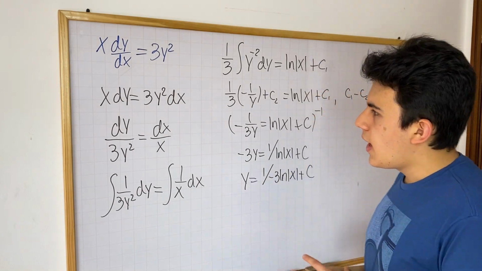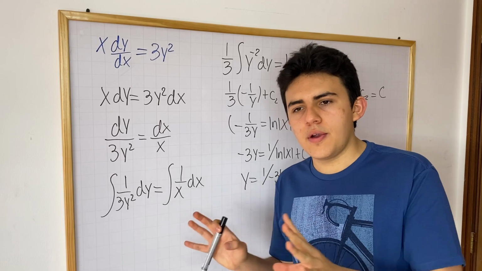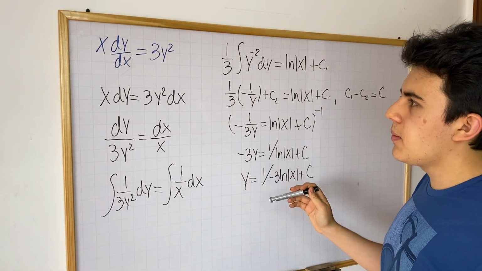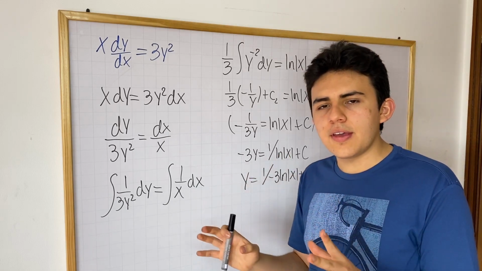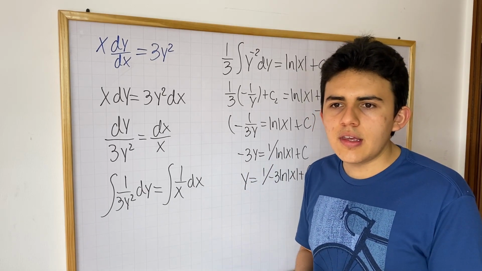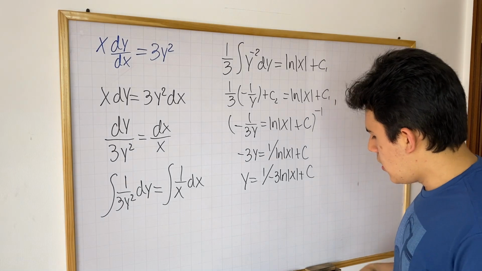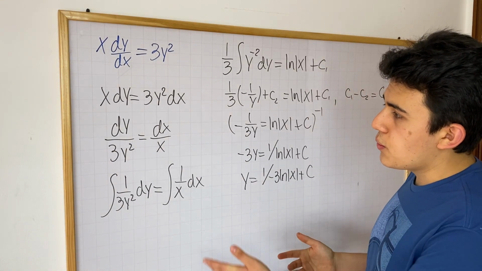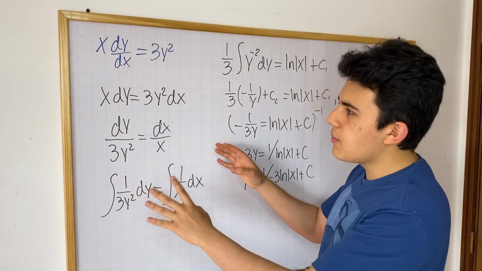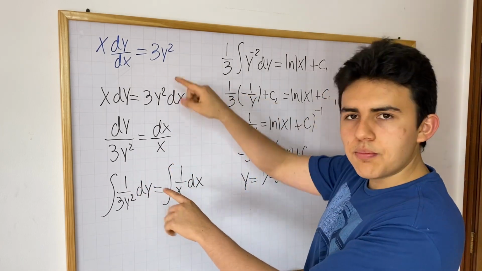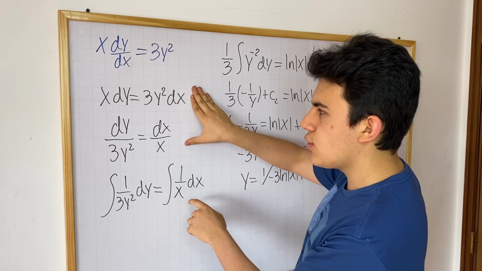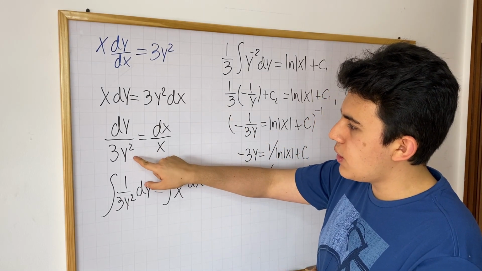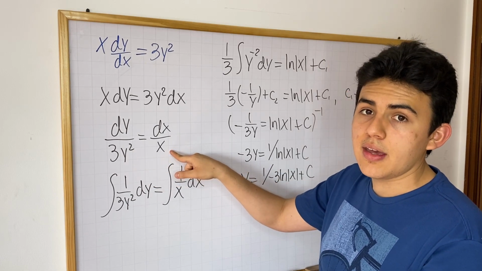Now, differential equations are a very complex topic, and there are a lot of dimensions to this problem. There are some things that I didn't mention, and that I would say are outside the scope of this video. For instance, we began solving this differential equation with two steps: here we divided by 3y squared and here we divided by x.